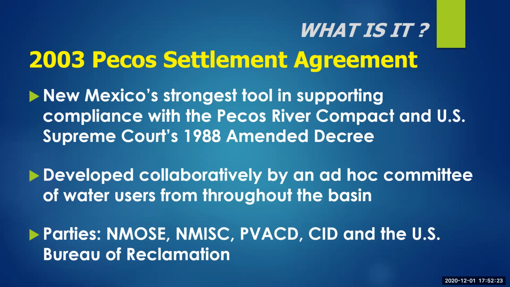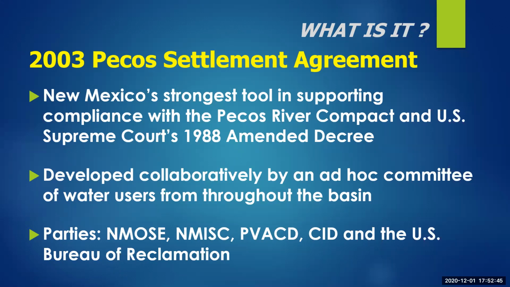A significant number of people participated in trying to figure out how to solve some of those problems that I mentioned earlier. And so this agreement is something that largely the state is tasked with implementing, but is something that came out of this extensive collaborative process in the basin with all the significant water users participating.